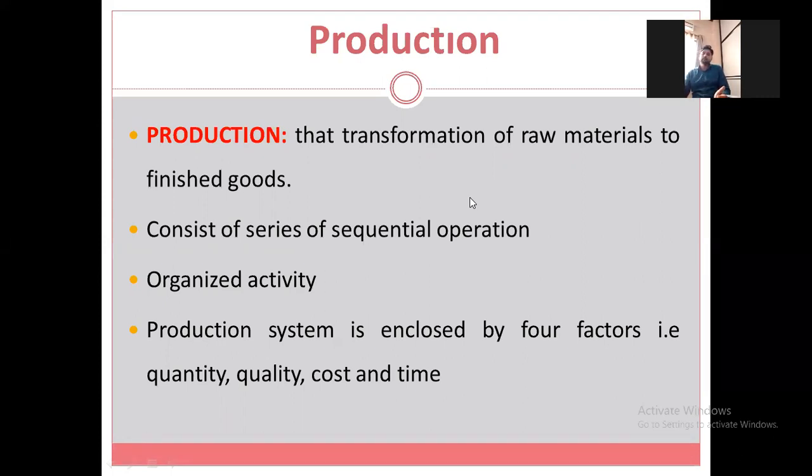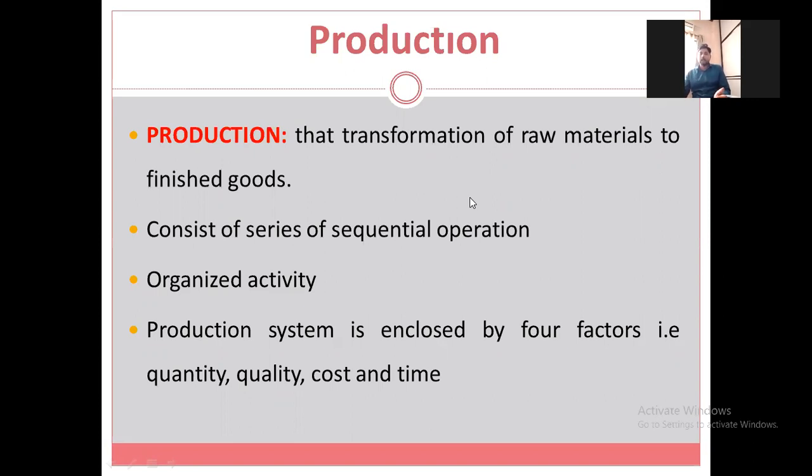Second is the right quality. Third is the right cost. And the delivery of a product should be at the right time. So these are the four important factors or objectives of any production system, and every system revolves around these four objectives only.